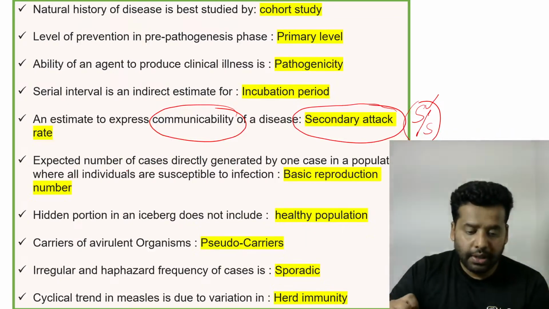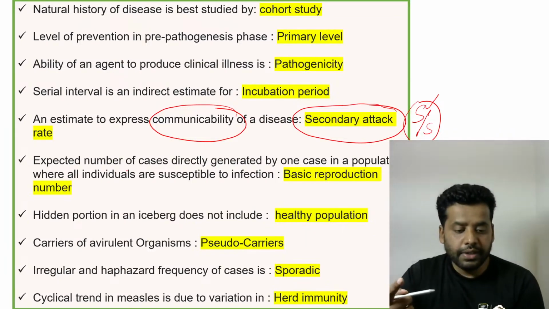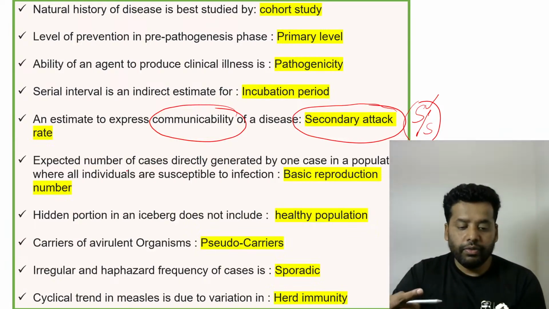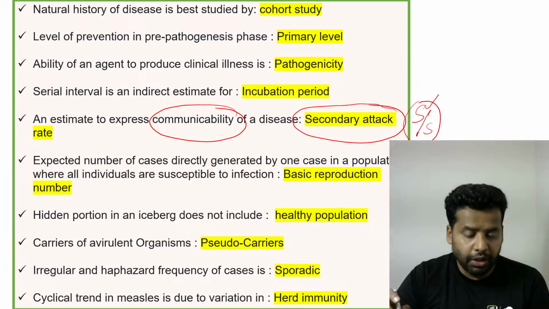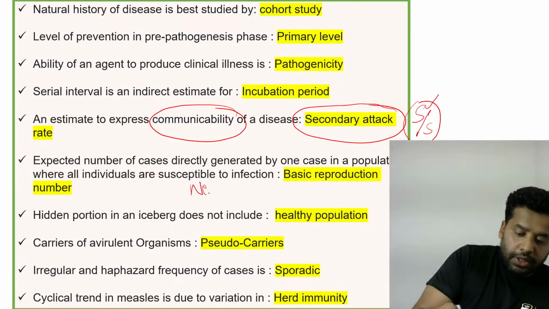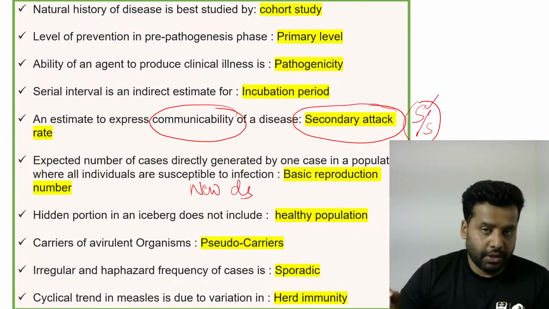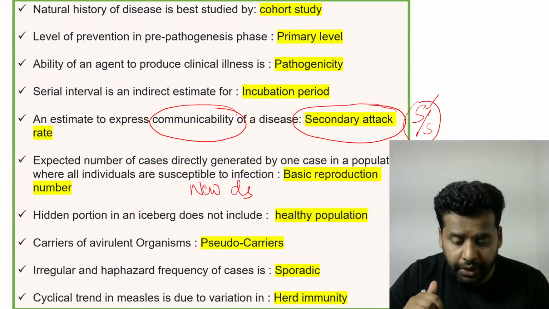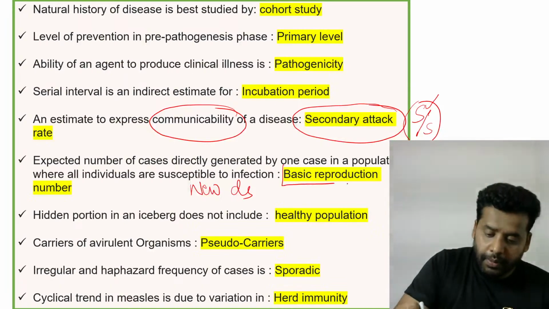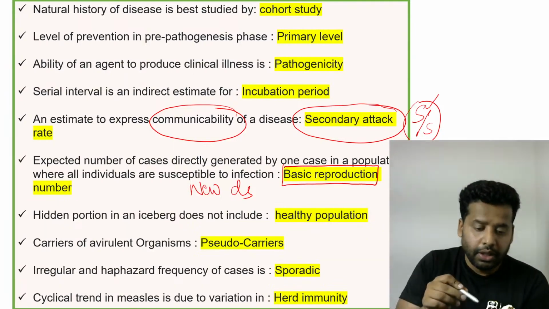Number of cases generated by one case in a population where all the individuals are susceptible to infection, means everyone is susceptible. A new disease, how it spreads. I want to know the spread of a new disease in a susceptible population. What is used? Basic reproduction number.